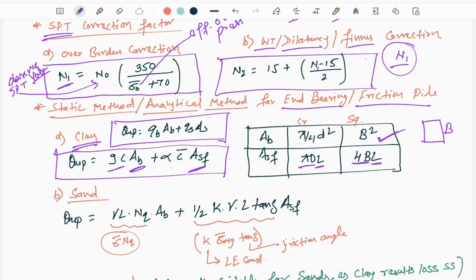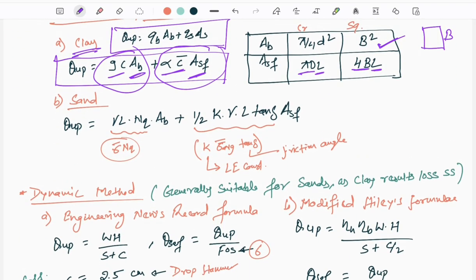Here 9c and alpha c bar are the values of qb and qs. Alpha and c bar are the friction factors. This term is associated with the friction, and this term is associated with the end bearing. These values are given in the problem.